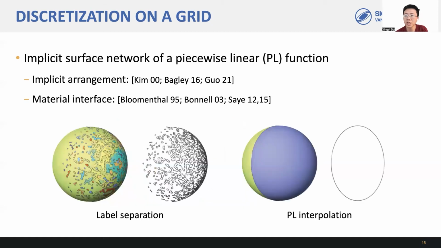Compared with label separation methods, discretizing using piecewise linear interpolation offers significantly improved accuracy, particularly near thin features. In this example, the piecewise linear interpolation method creates a contiguous thin region sandwiched between two hemispheres.